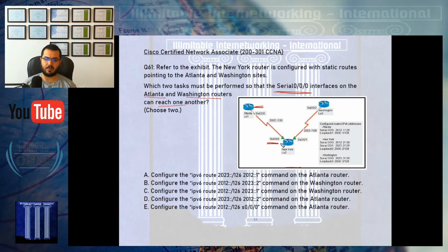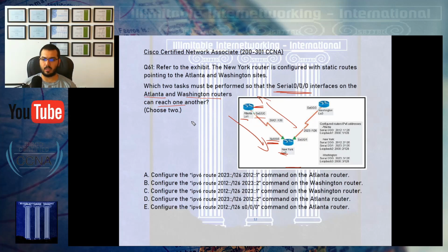To do an IPv6 static route from New York to Atlanta using this as a next hop, and the destination is its loopback, this is for step 1. And for step 2, from Atlanta you need to configure an IPv6 static route with a destination of New York's loopback, and the next hop will be New York's serial 000.